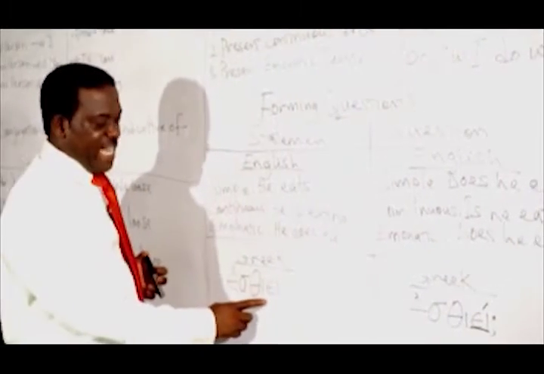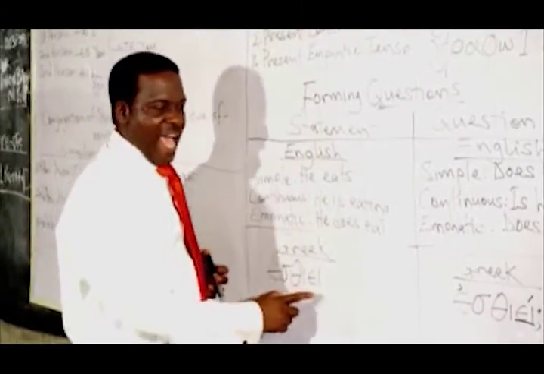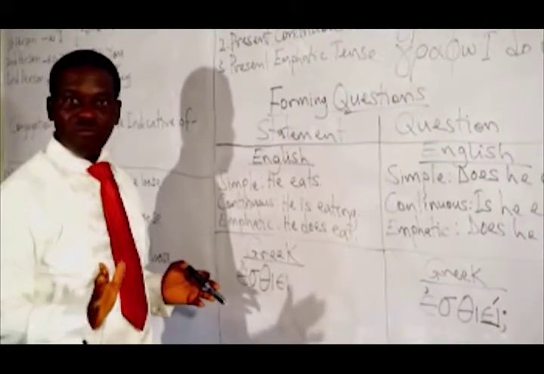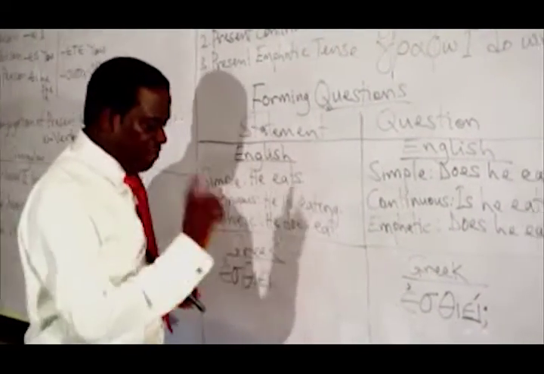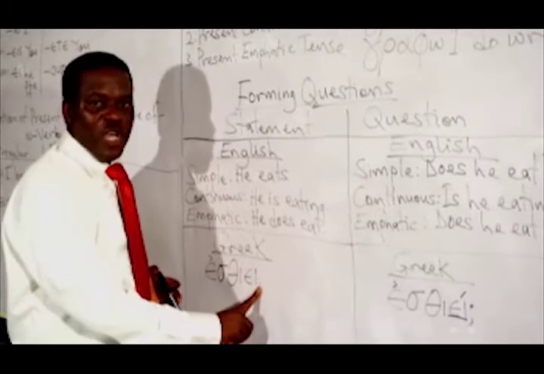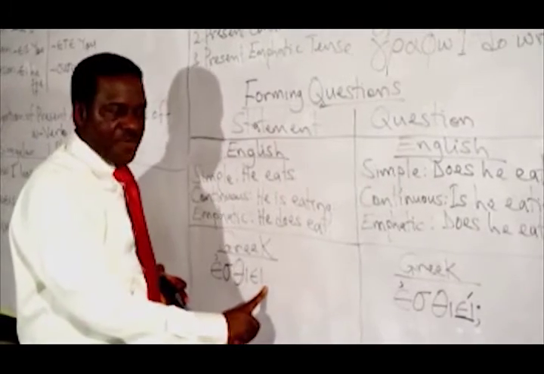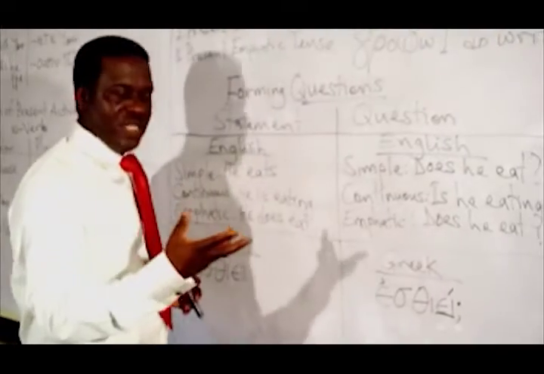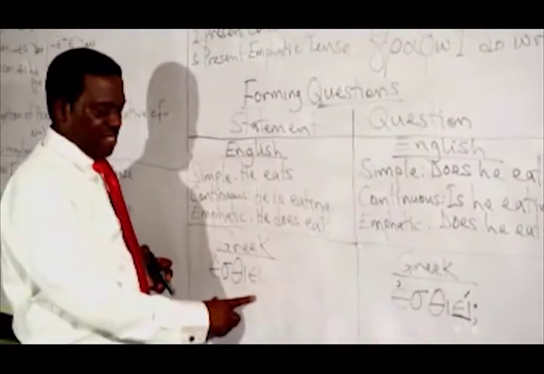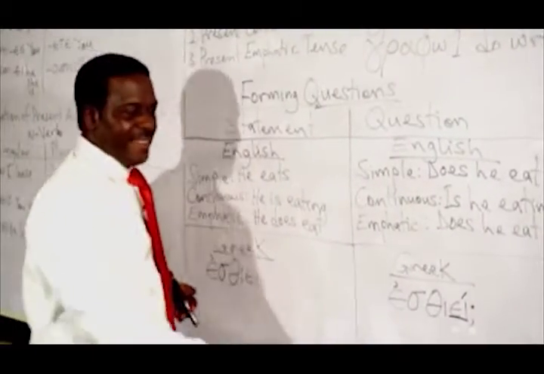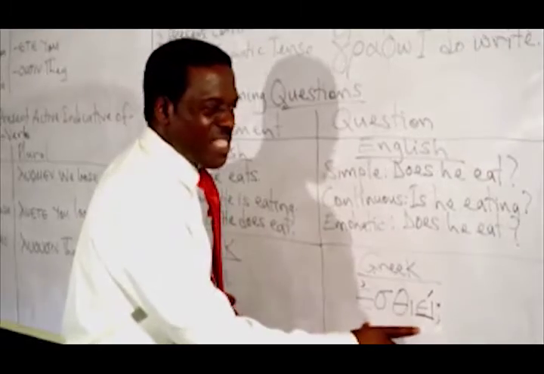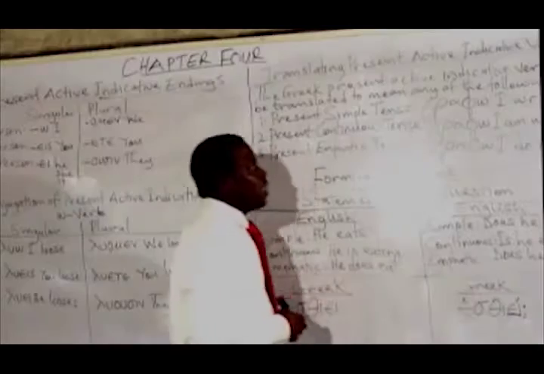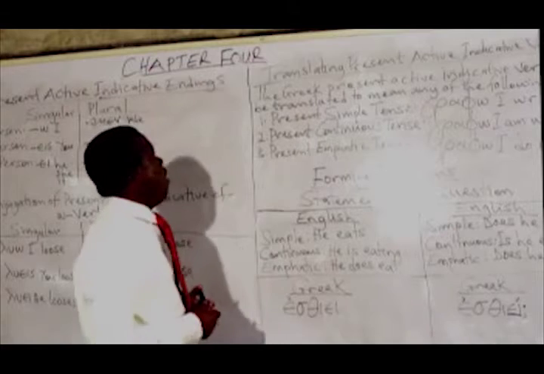If you look at the statement and the question, they are actually written the same way. But the difference is in the punctuation, the full stop and the question mark. So while you are pronouncing the question: does he eat?